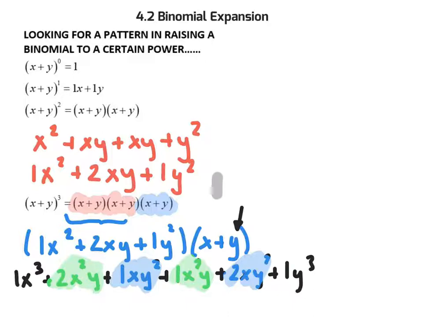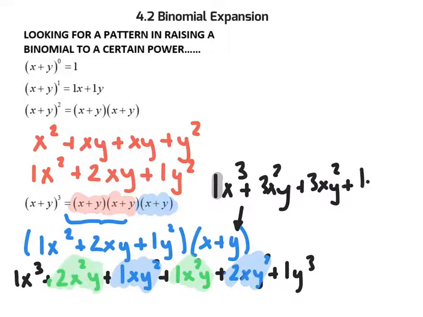It would be 1x cubed plus 3x squared y plus 3xy squared, and it would be a 1y cubed. Oh my heck. Basically, I've made a mess, and you're like, what's this guy doing?